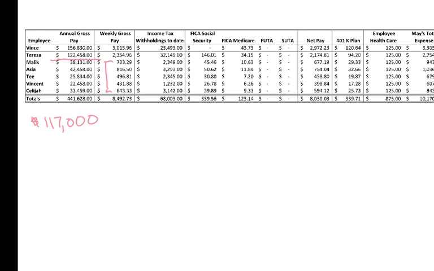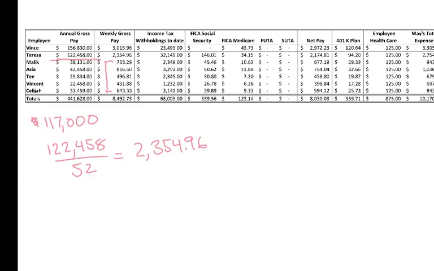So the question is, should she be taxed? Because that's her annual gross pay. That's not what she's made to date. And assuming that she makes equal payments out of 52 weeks, if you were to take her annual gross pay and divide it by 52 weeks, you would see that her $2,354.96 weekly salary is what she currently makes.